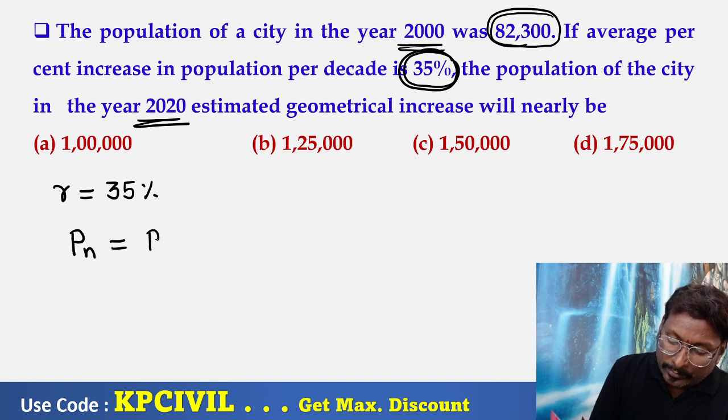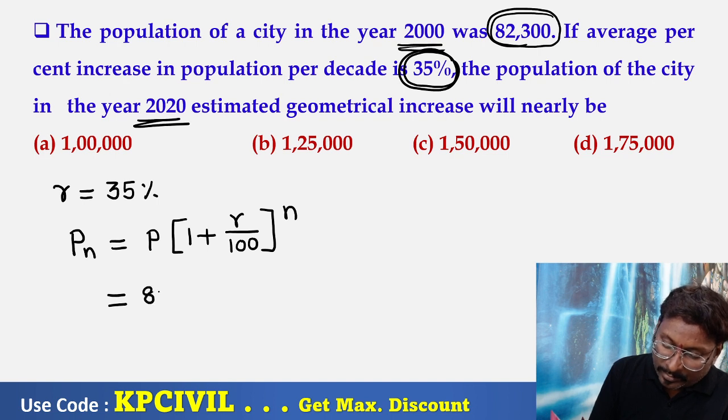Pn is equal to P into 1 plus R by 100, whole power N. P is 82,300 into 1 plus 35 by 100.